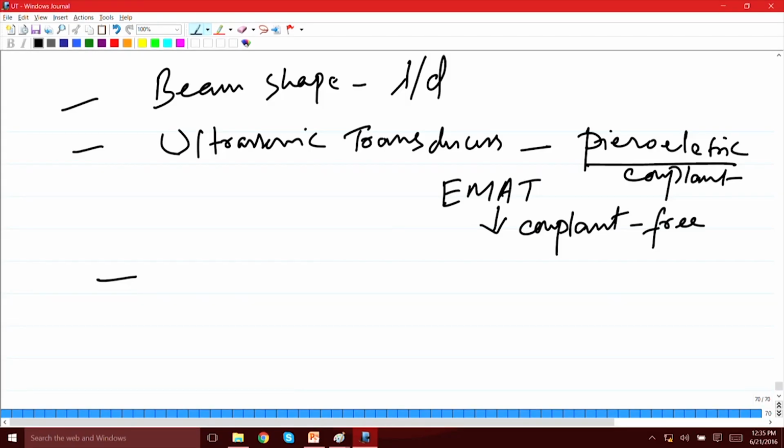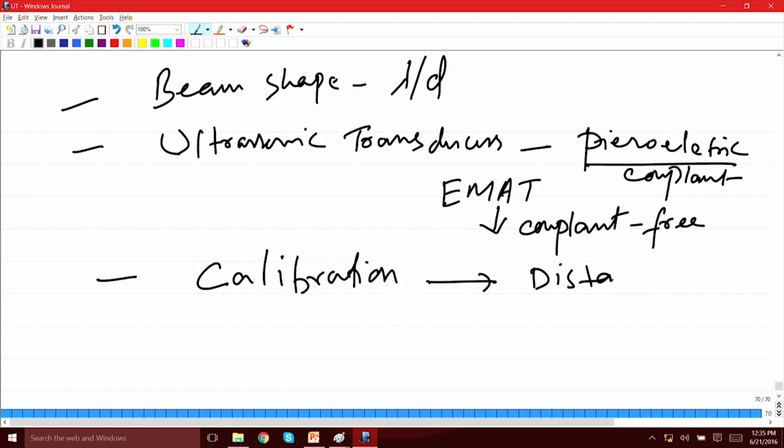Okay. Then we talked about a very important aspect of ultrasonic testing, which is calibration, and then we learned how distance and area calibration are done.